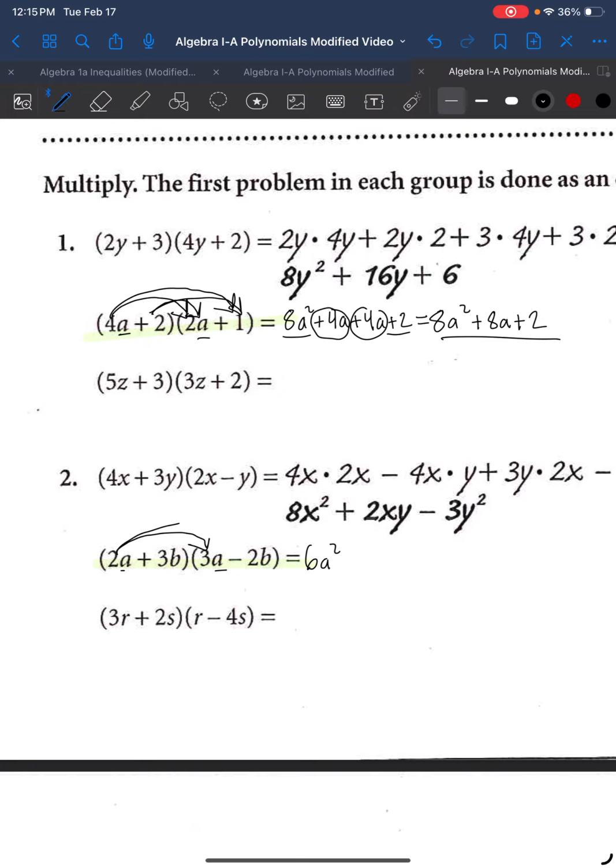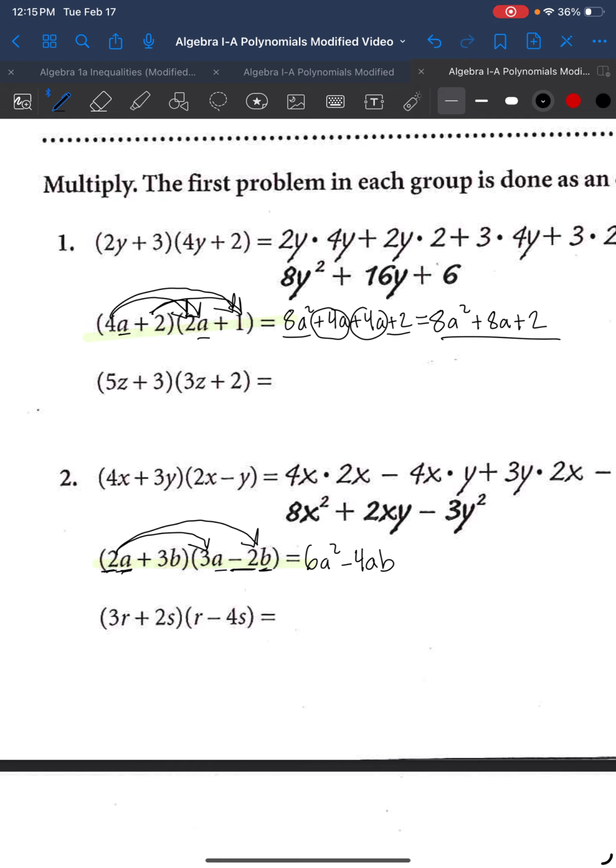Then I've got 2a times negative 2b. So 2 times negative 2 is negative 4, and then a times b, you just smush those together and make it ab.